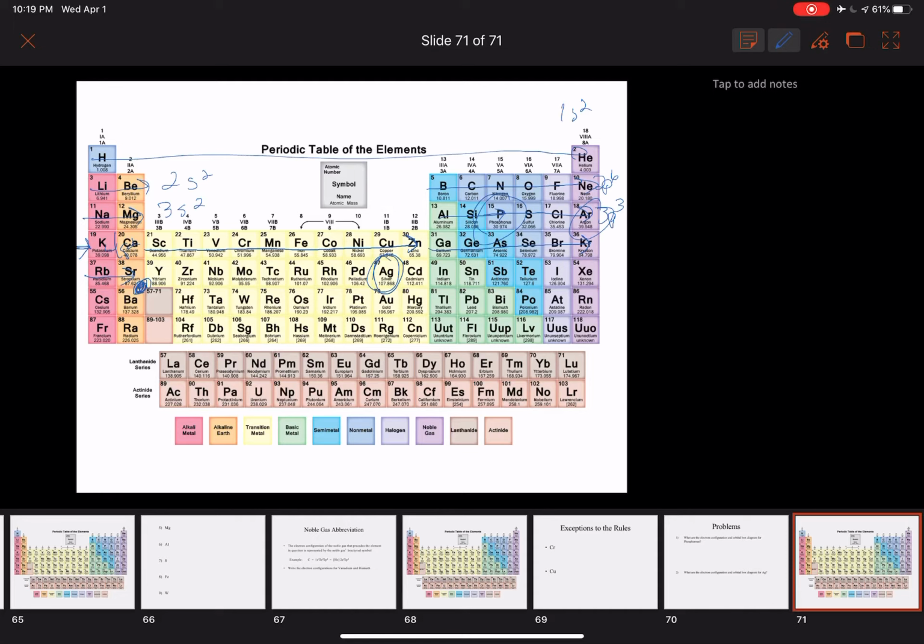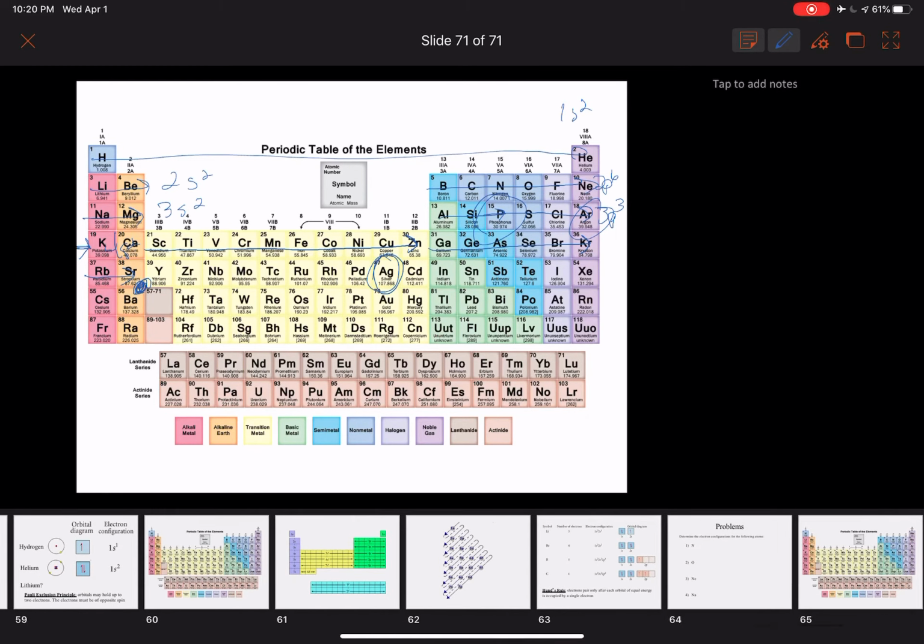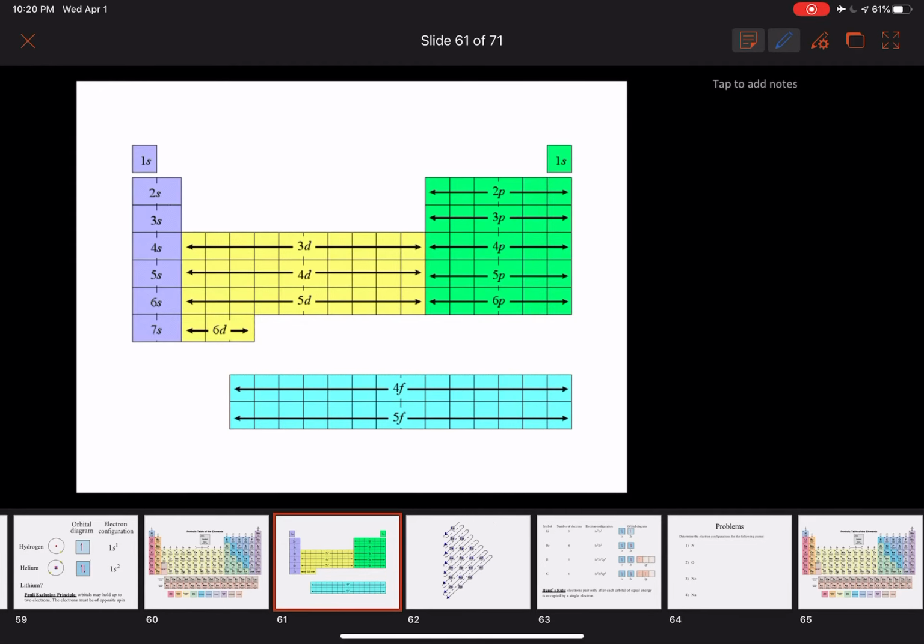Okay. And then we go to the 4d's. Again, if you're having trouble remembering where all of the different subshells are, what they're called, and what order we fill them with electrons, take a look at this slide, and it'll show you how the d's, the number on them, is shifted down one. So the 3s and the 3p are up here, but the 3d looks like it's in the 4 row. So all the d's are shifted down one.